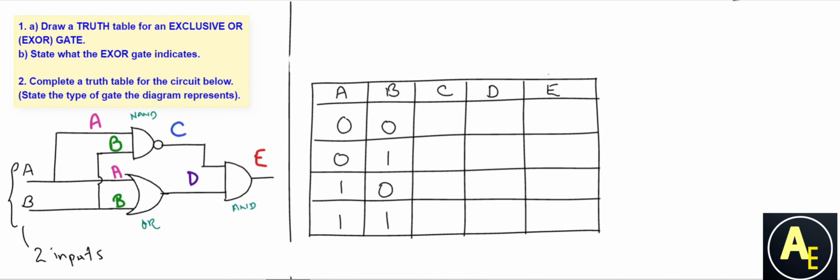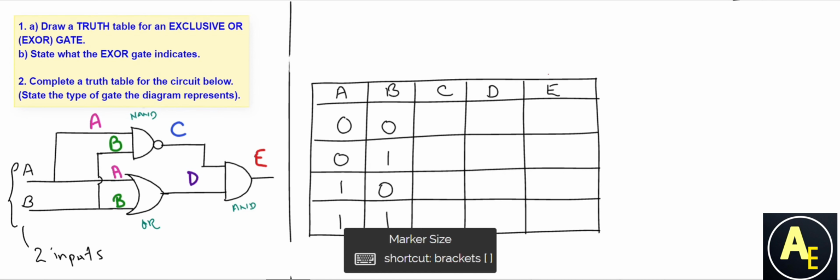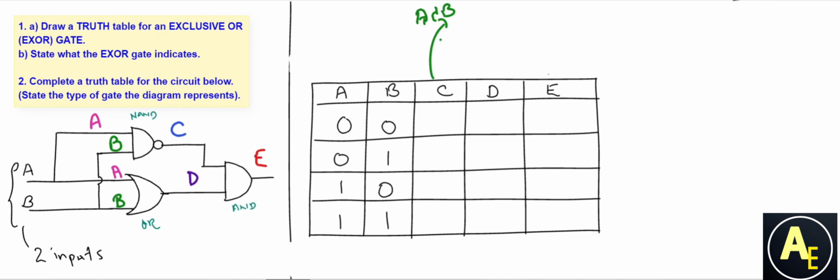The output C can be determined from a NAND gate using two inputs A and B. It would be interesting to note that a NAND gate is considered to be a NOT AND gate, the outputs of which are opposite to an AND gate. So while an AND gate requires two inputs to be high for an output to also be high, the NAND gate does the opposite.